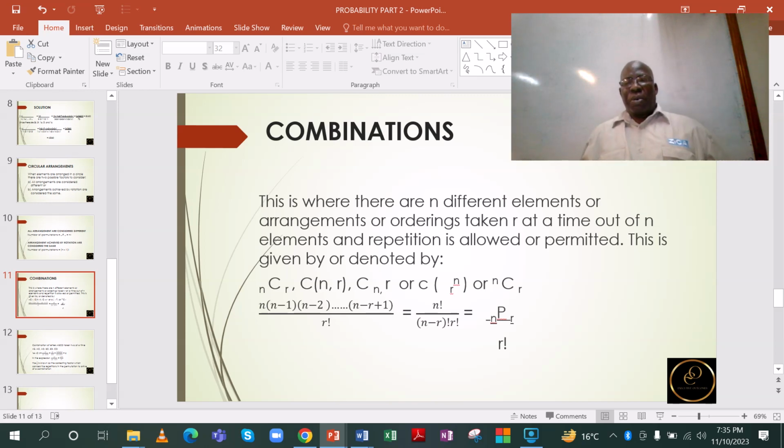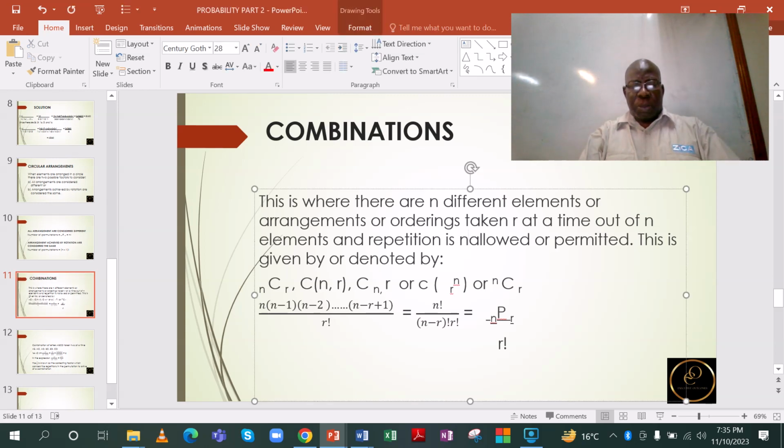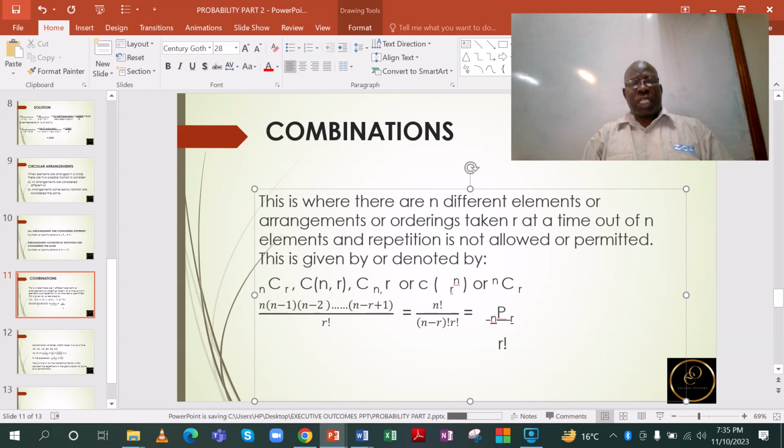For combination, repetition is not allowed. Where repetition is allowed, then that is a permutation.